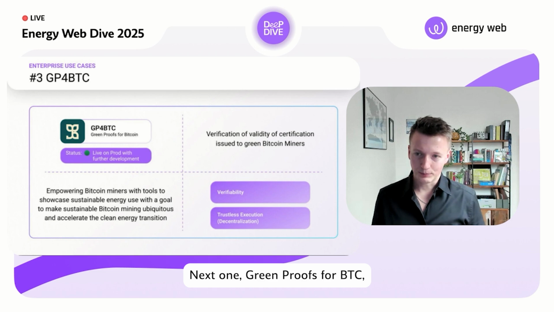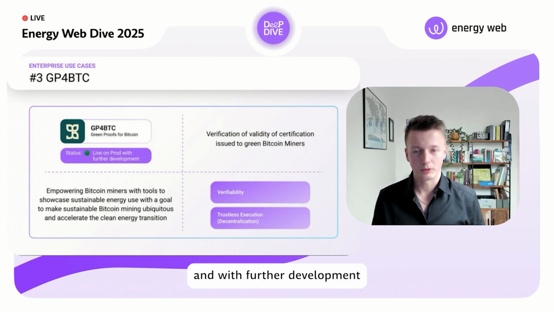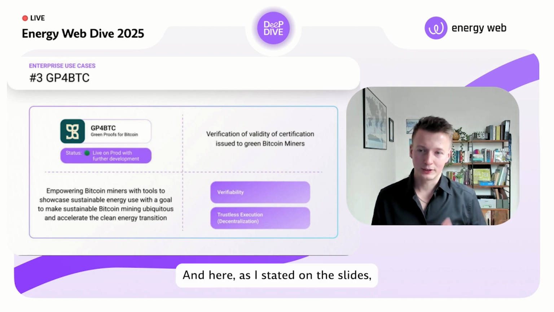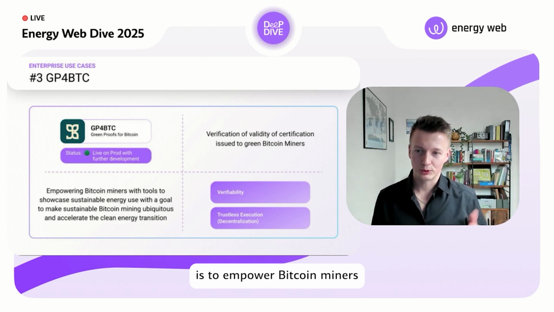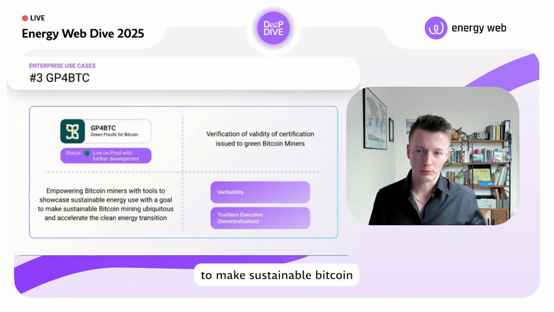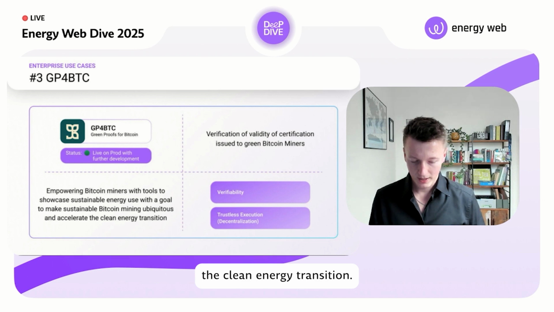Next one, Green Plus for BTC, that is already live on production with further development in the pipeline. And here, as stated on the slide, the main use case of the platform is to empower Bitcoin miners with tools and showcase sustainable energy use, with a goal to make sustainable Bitcoin mining ubiquitous and accelerate the clean energy transition.